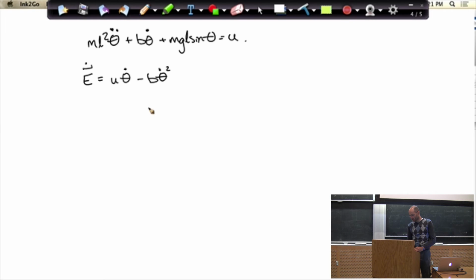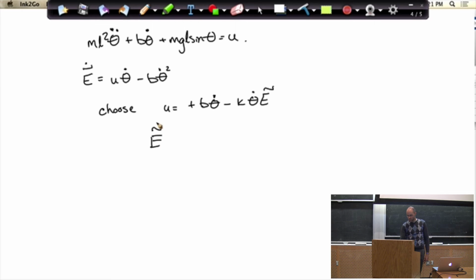And so you can choose U to be plus B theta dot minus K theta dot E tilde. That's exactly what you'd get from following the same recipe, just saying I want to make my E tilde dynamics be negative k theta dot E tilde.